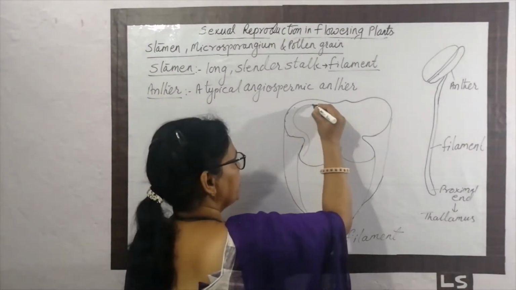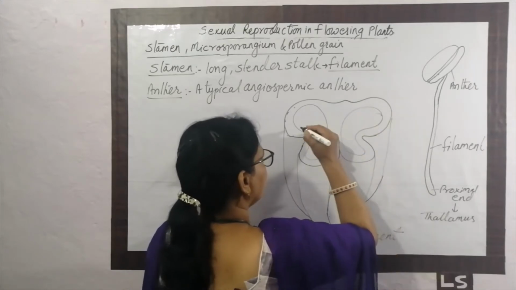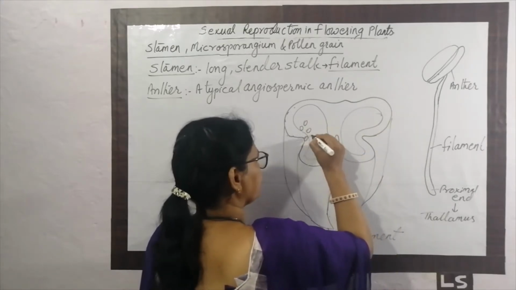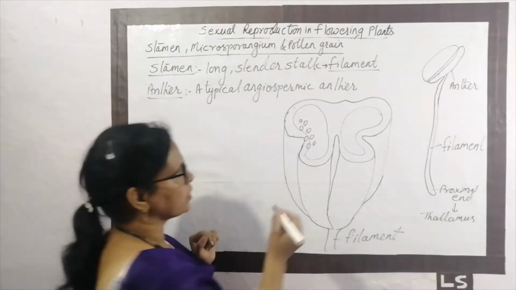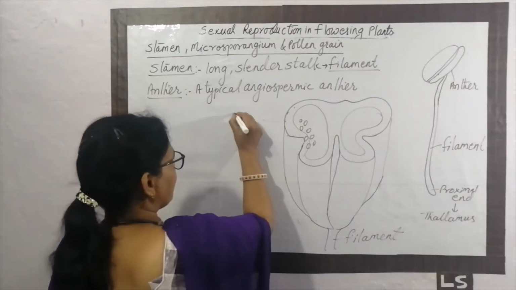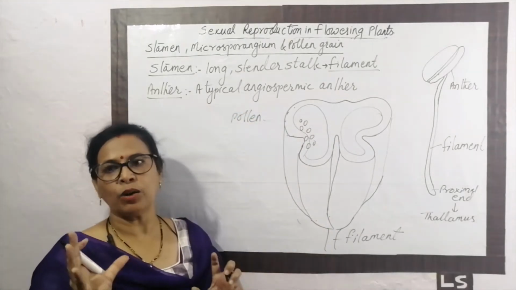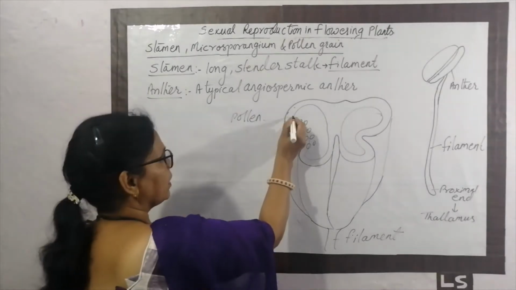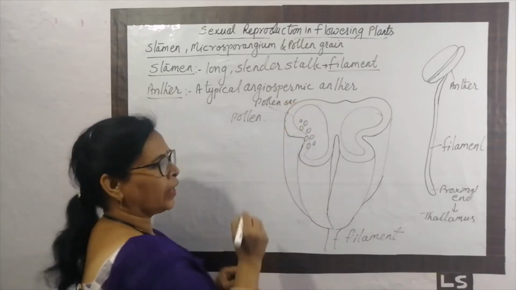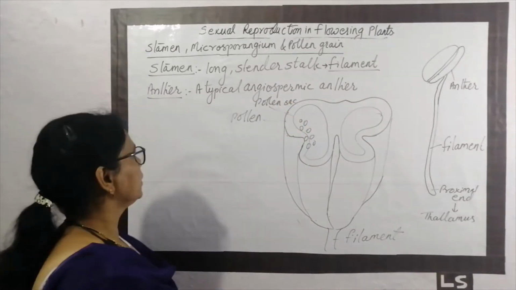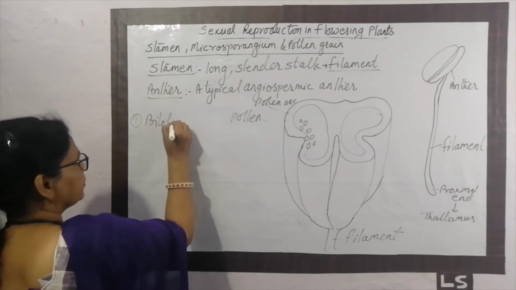This is bilobed in nature, in which pollen grains are present. These are the 4 lobes. This is the pollen sac, the pocket in which the pollen is present. So what about the anther? It is bilobed.